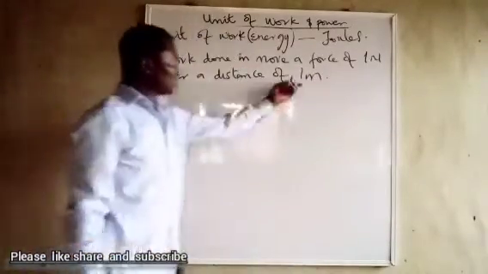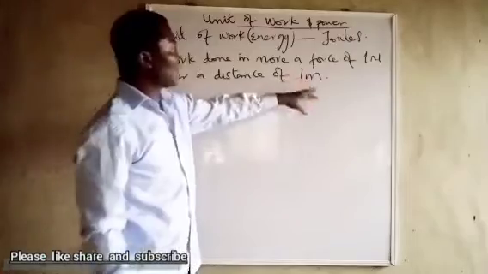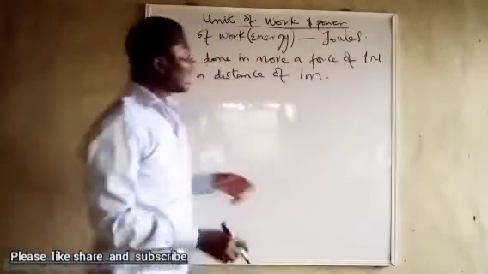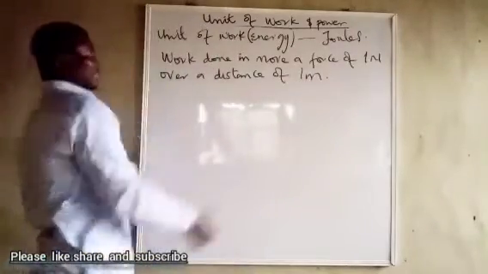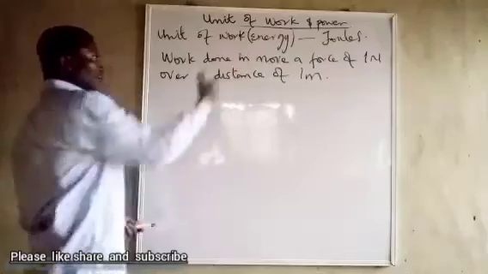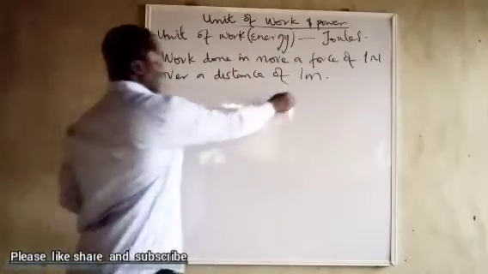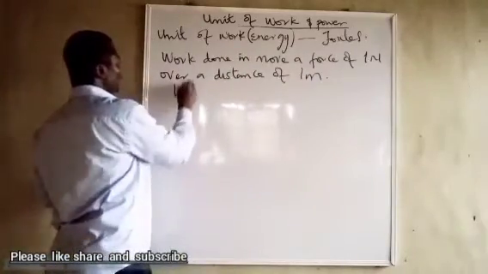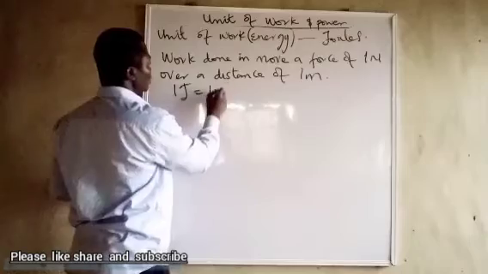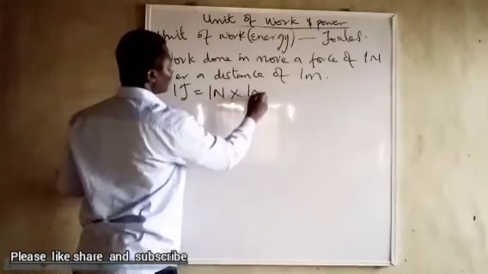Please note the units of each, because you can have bigger units and smaller units. You can have centimeter, decimeter, millimeter. It's the same way you can have it in Newton. That's why we stress the unit. So 1 joule is equal to 1 Newton times 1 meter.